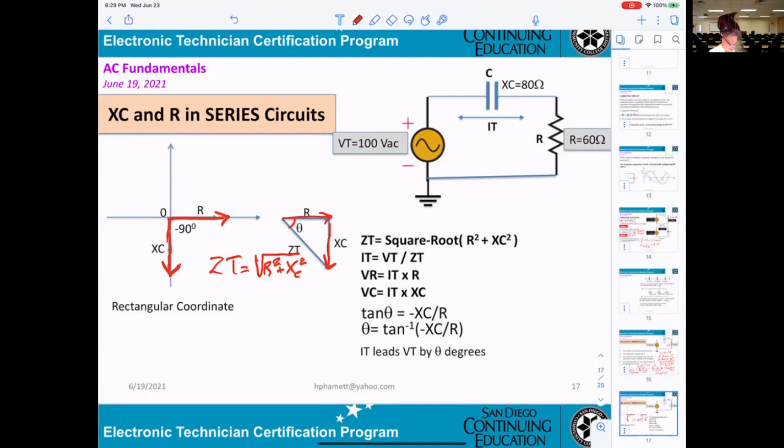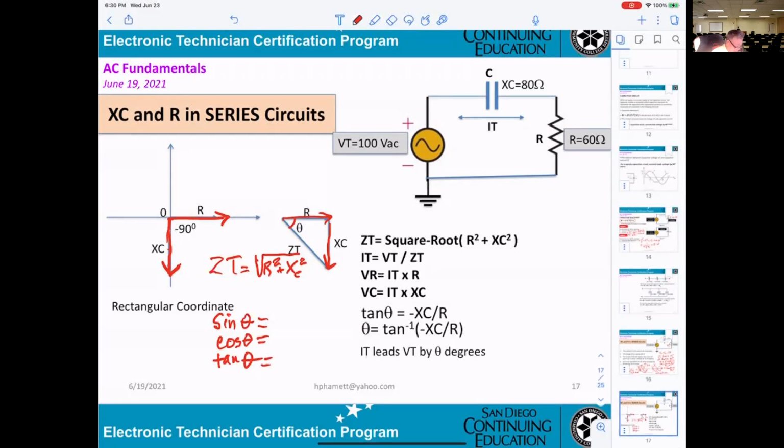Now if you want to calculate the sine of theta, the sine of that angle equals what? The cosine of that angle equals what? That's a definition.